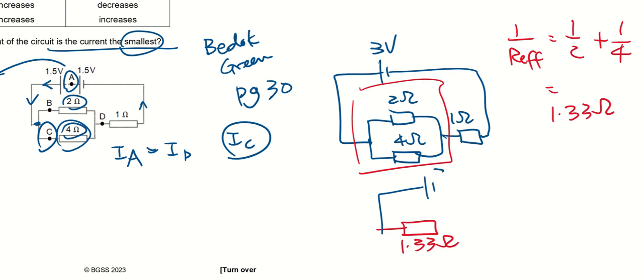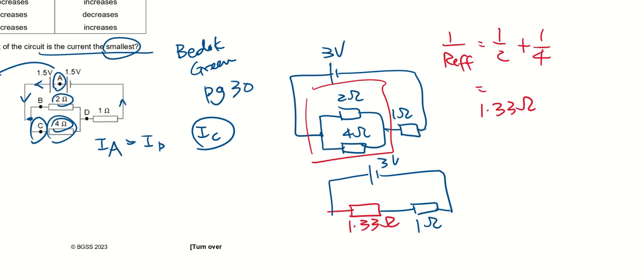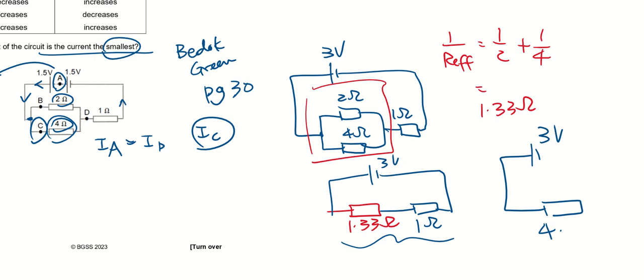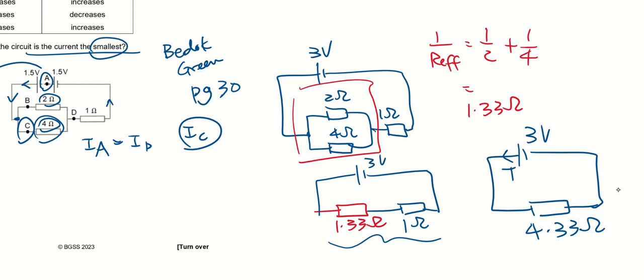So I only change this. There's still a 1 ohm here. So now the effective resistance is for the whole thing, because now there are 2 resistors in series. So I can add them up and it becomes 4.33 ohms. Now we will have a current that comes out from here, which is our IA.